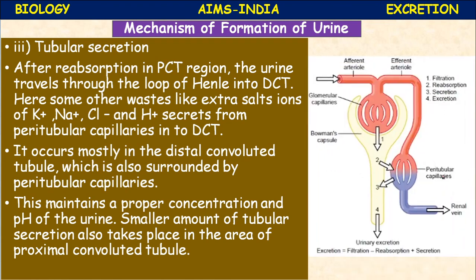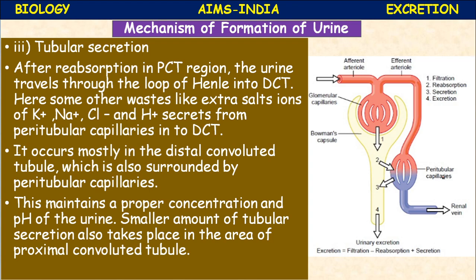In the previous diagram itself we have come across what happens in tubular secretion. Actually this tubular secretion is an active secretion of waste products by blood capillaries into the urinary tubule.